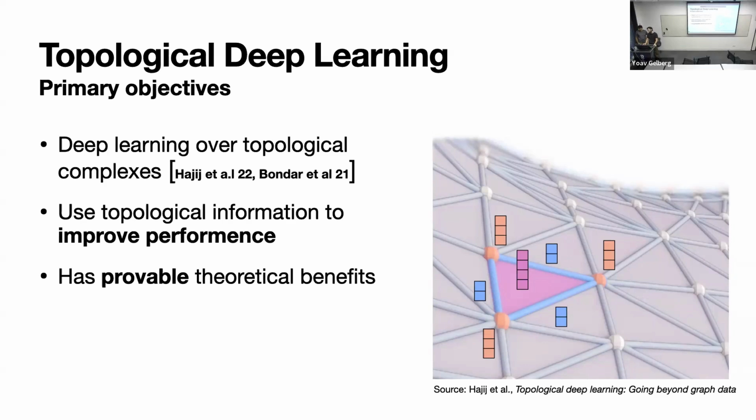But the second important one is to be able to leverage topological information to improve performance over graph methods like message passing, which Guy introduced. In fact, it was shown that topological deep learning models improve expressivity over message passing neural networks.